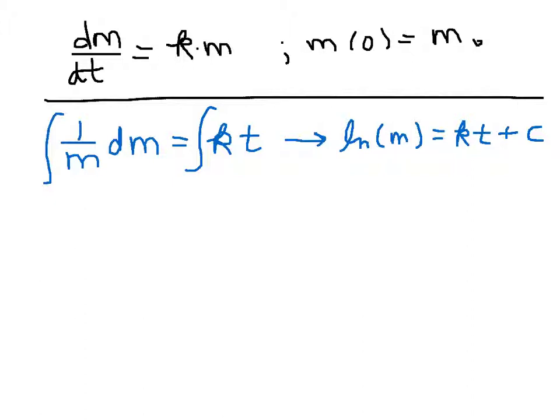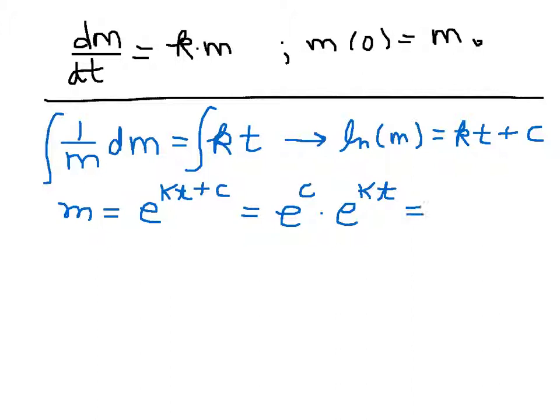Alright, so if we solve for m, we get m is equal to e to the kt plus c, which can be written like this. Now, e is a constant and c is a constant, so therefore e to the c is a constant, and we can write this as some constant a times e to the kt.